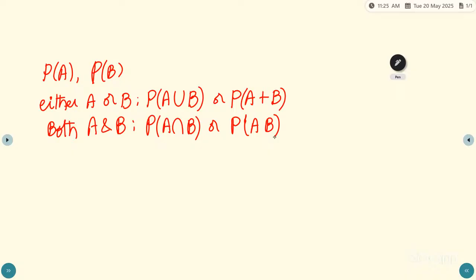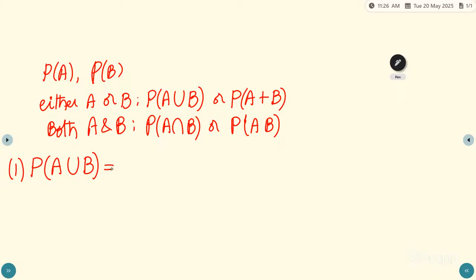Then the probability of happening either A or B as a result of one trial in an experiment.